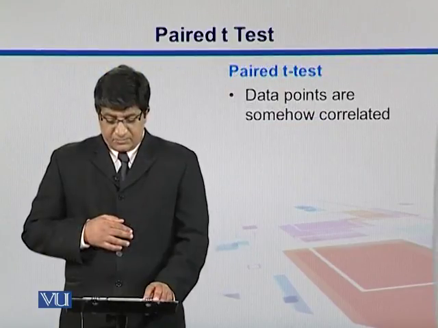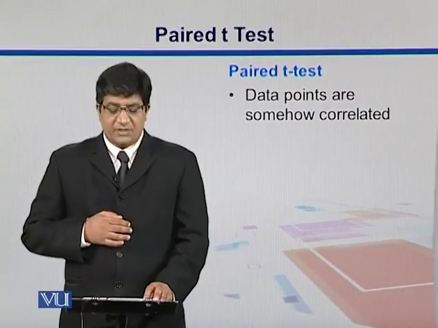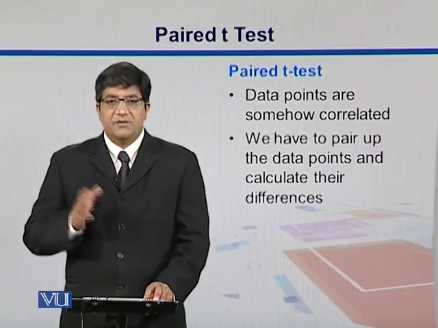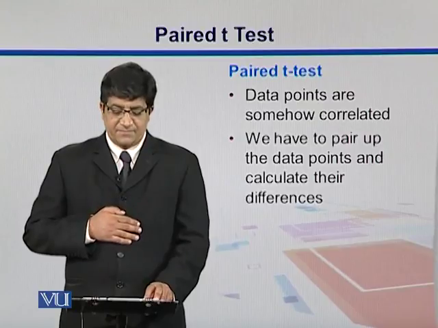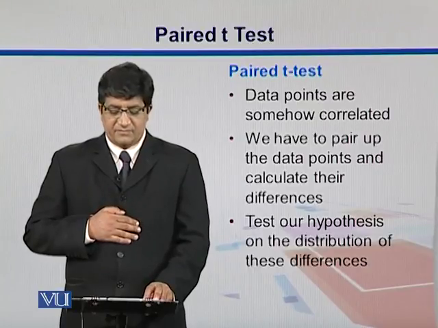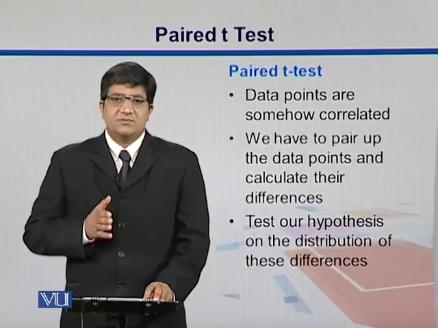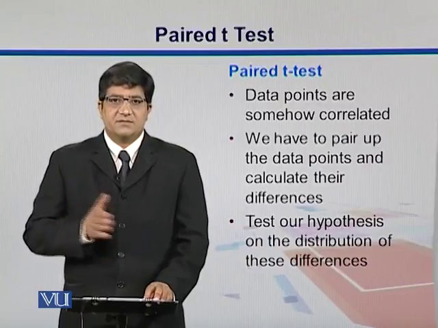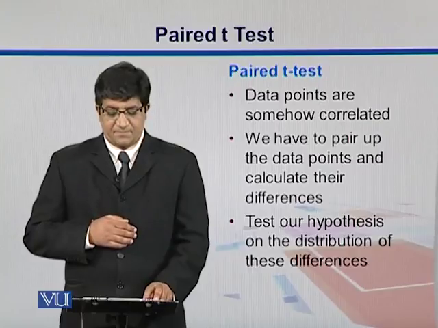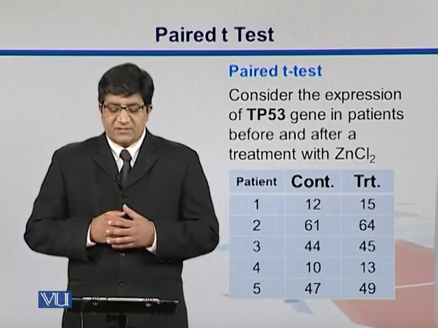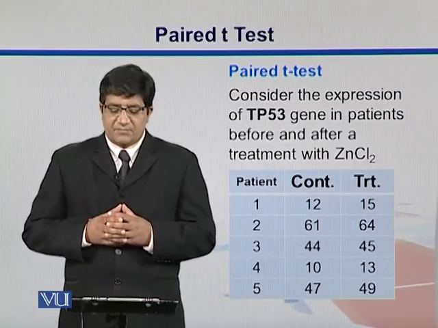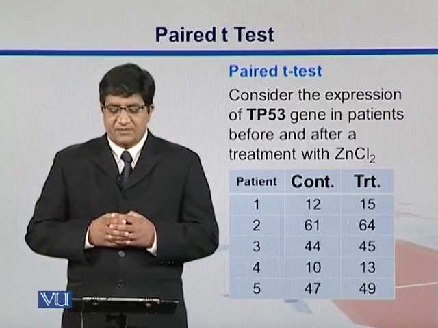So we see that the data points here are somehow correlated, and we have to pair up the data points with one another, calculate their differences, and test our hypothesis using the distribution that represents the differences between data points. Again, we consider this TP53 example in patients before and after a treatment with zinc chloride.